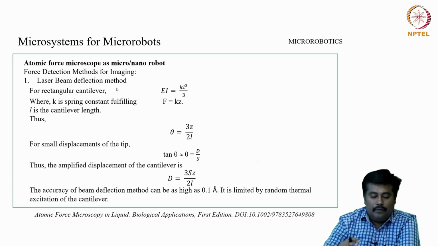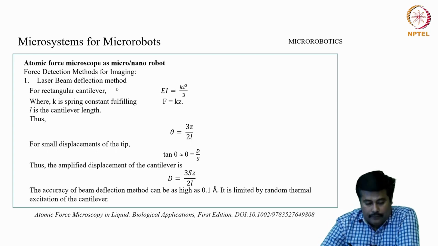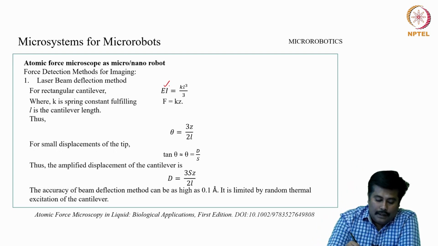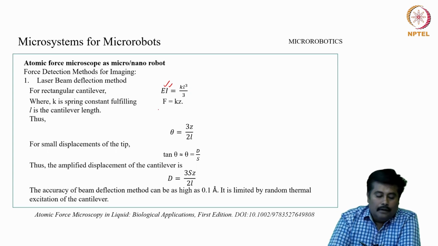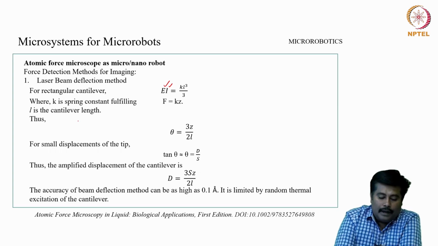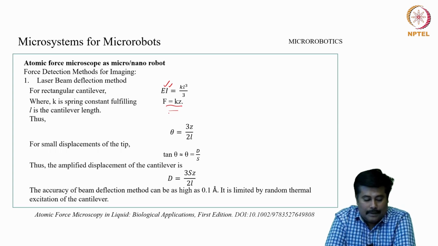Now, when we want to measure the force with reference to this laser beam deflection method, for a rectangular cantilever, let us consider EI equal to KL cubed by 3, where K is the spring constant and L is the cantilever length, which can be represented as F equals KZ.